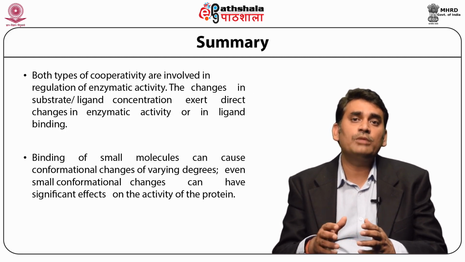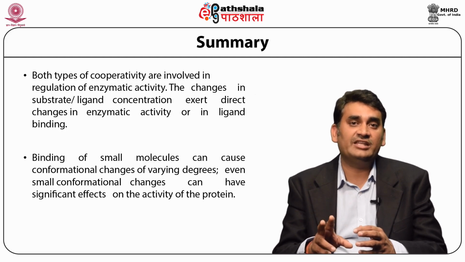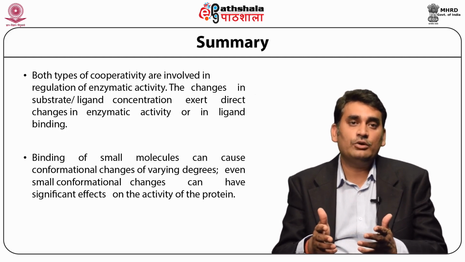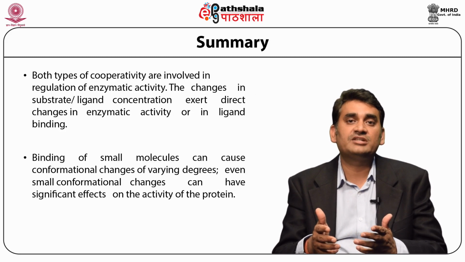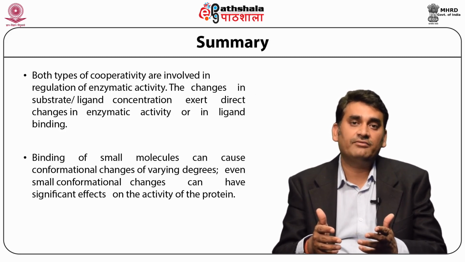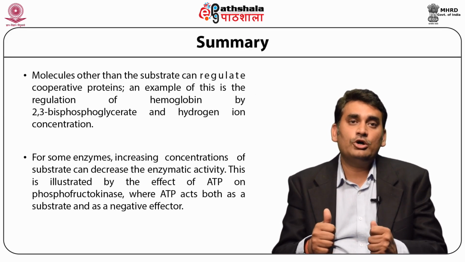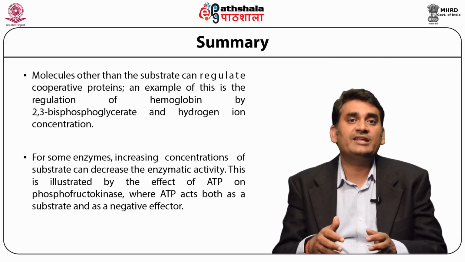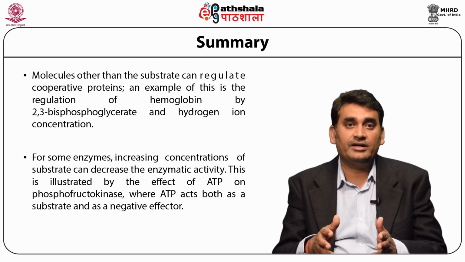So binding of a small molecule can cause conformational change of varying degrees, and even a small conformational change can have significant effects on the activity of the enzyme or protein. Molecules other than the substrate can also regulate cooperative enzymes.